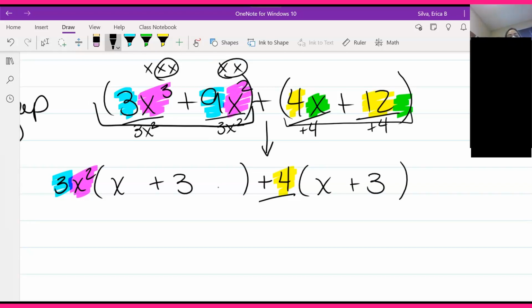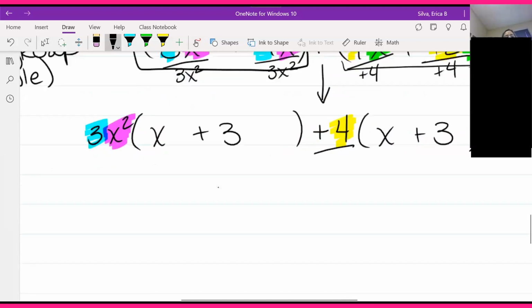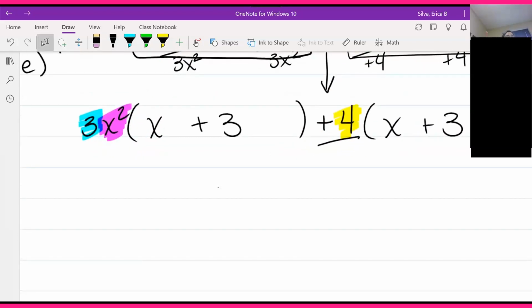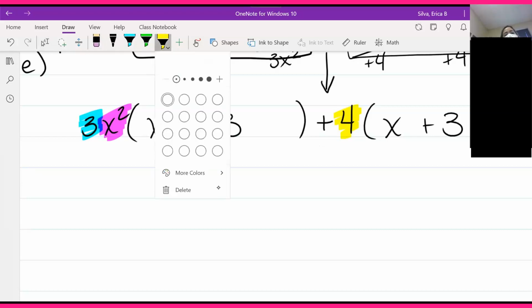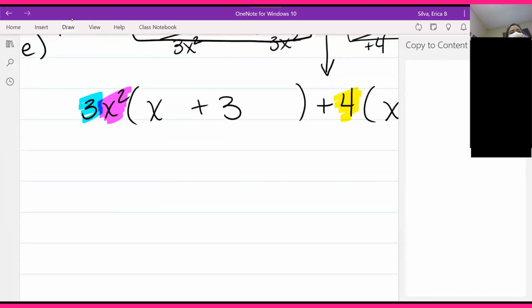All right, so now we're gonna factor out the GCF again. Now, if we look at these two terms, remember it's only two terms, what factor do they have in common? Perfect, x plus 3.